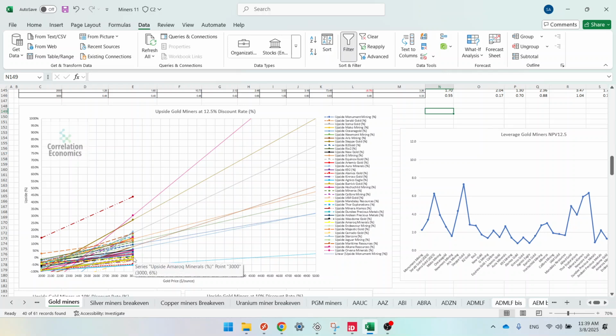If this goes up 20%, then that's 2 times leverage. Okay. And so on. So this one you would say looks like 6 times leverage to me. Okay, so because it goes from here to here, then that's 60%, so 6 times leverage. Okay, so that's how I want to define leverage for gold miners.